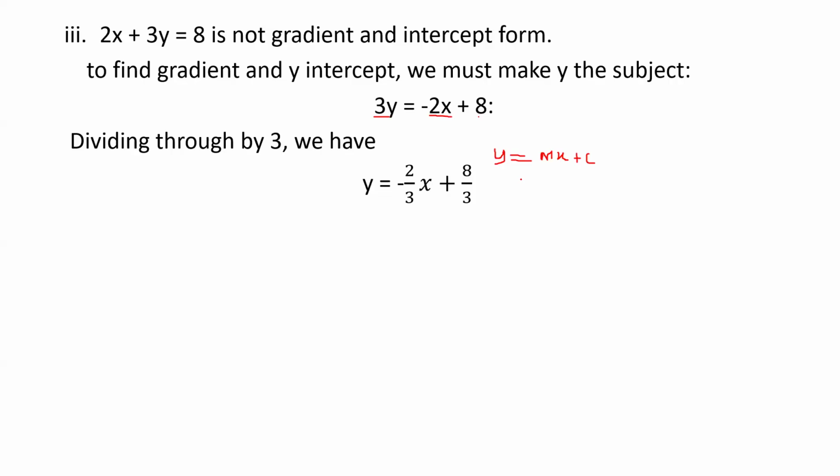It is where this line will meet the y-axis. It is obtained by making x equal to 0. You get the y-intercept. So here, when x is equal to 0, the -2/3 x will go away because x is 0. Therefore, y equals 8/3, the y-intercept.